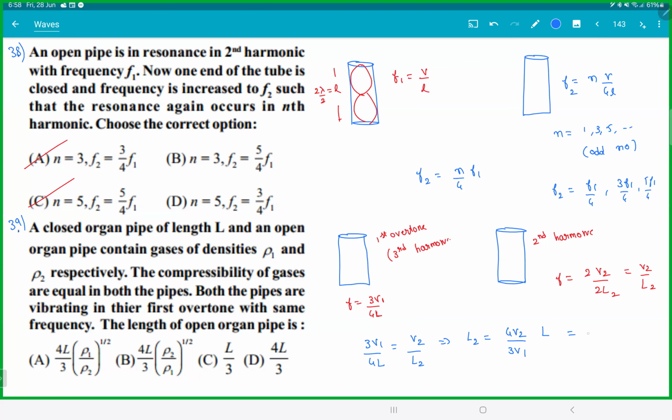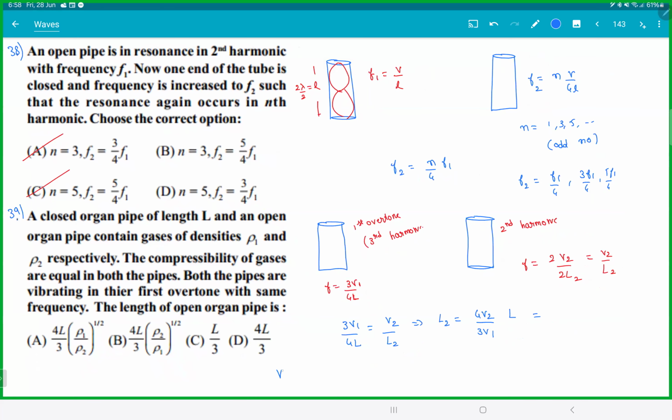The bulk modulus is the inverse of the compressibility. Compressibility is the same, so the bulk modulus is also the same. This would be 4 by 3 root over B by rho 2 divided by root over B by rho 1, into L. So 4 by 3 root over rho 1 by rho 2 into L is L2.